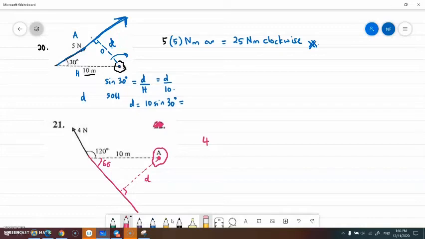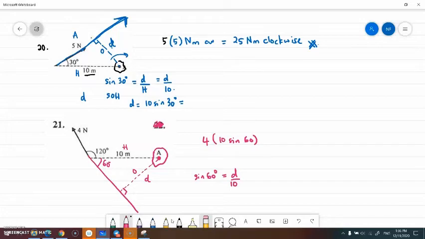So what formula do we have? This is H, this is also O. So we can still use the same formula, sine 60, opposite over hypotenuse, would be D. So your distance would be 10 sine 60.